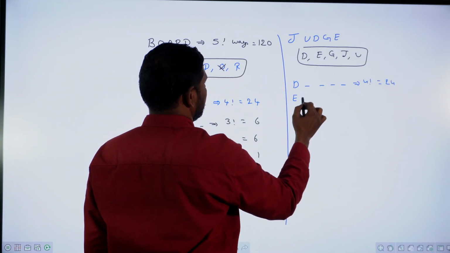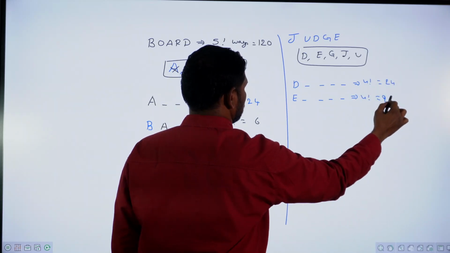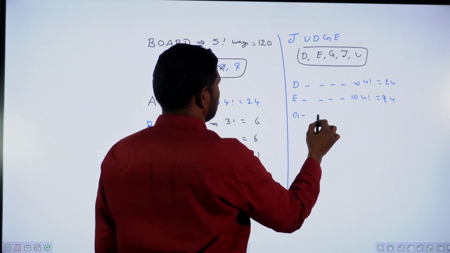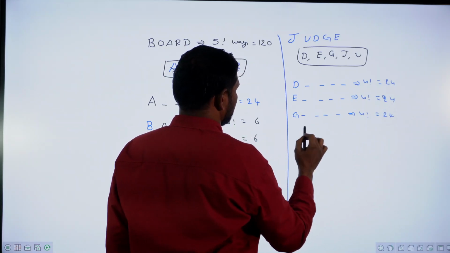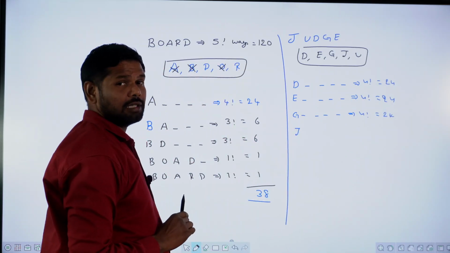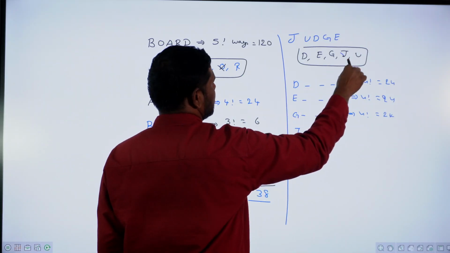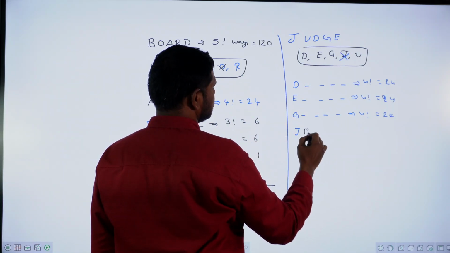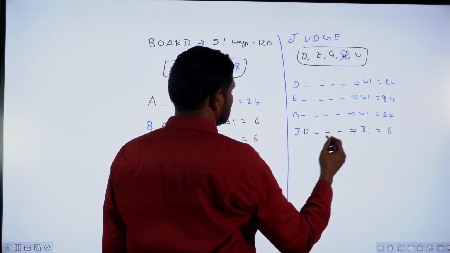Then with E, again we are not having the exact word, so 4 factorial, 24. Then G, again not satisfied, 4 factorial, 24. J, yes. So the first letter J, and after removing this J, again we start with D, but the second letter is not D, so 3 factorial, 6.